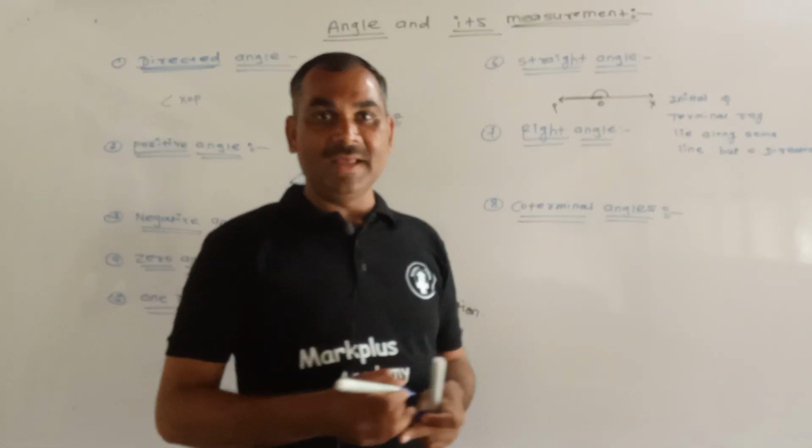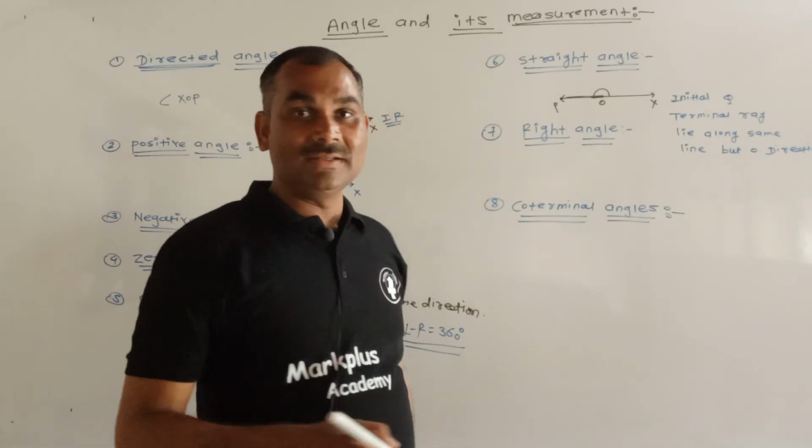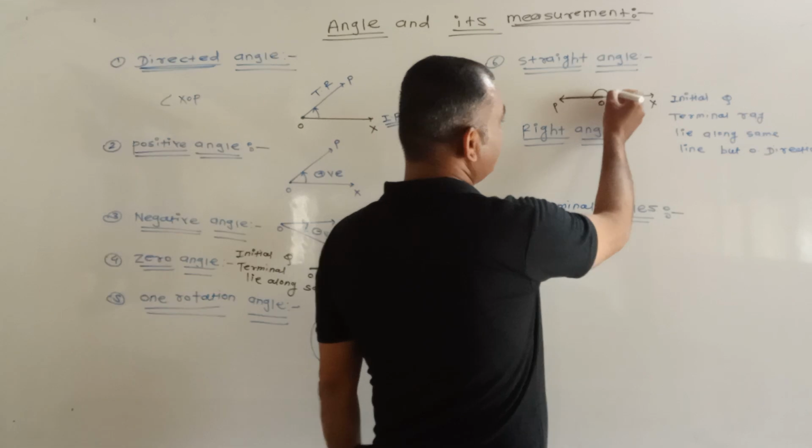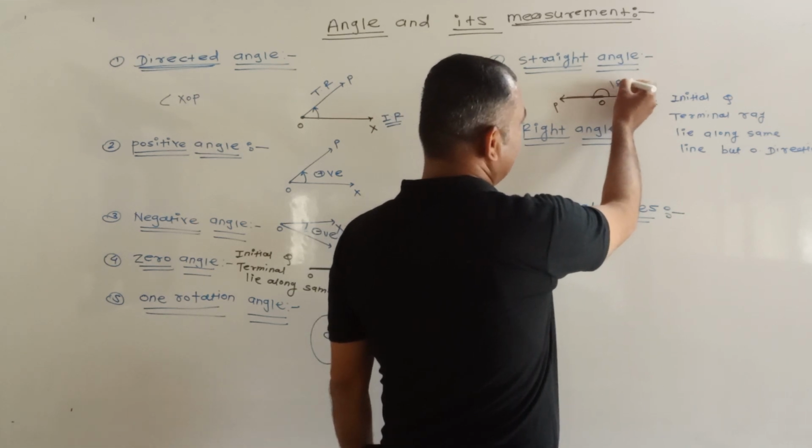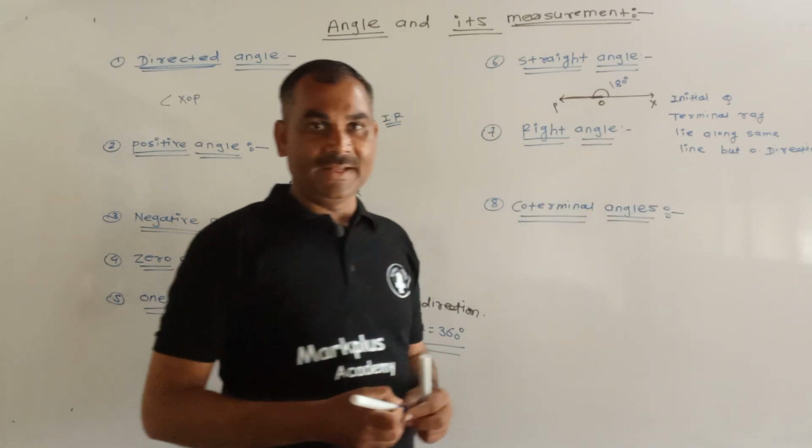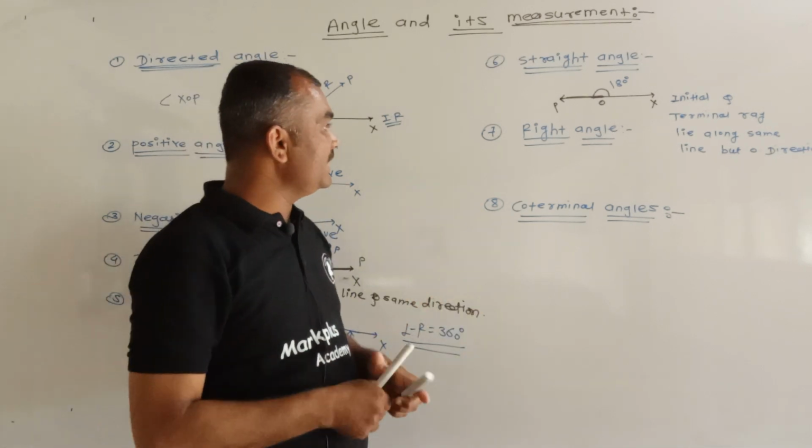Then the angle between them is called the straight angle, and the value of a straight angle is always 180 degrees.